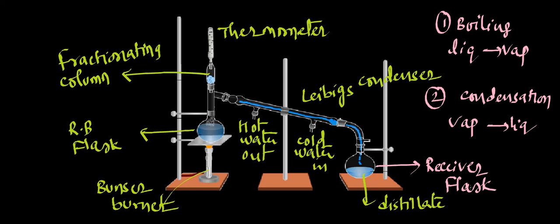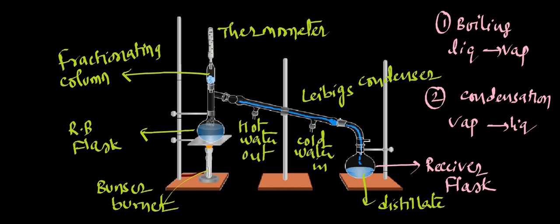Now the second liquid starts collecting in the receiver flask. So like this, what happens? The different liquids are collected in fractions at different temperatures. So all the time we have to replace the receiver flask for collecting the different distillates. That is one difference. And the other difference, we can see an extra equipment, that is fractionating column.